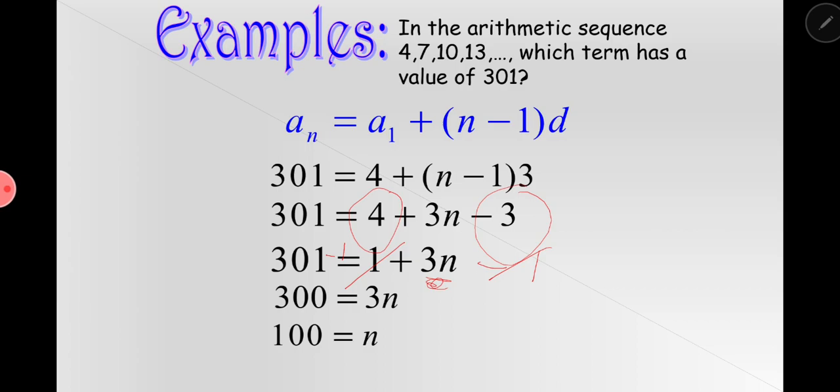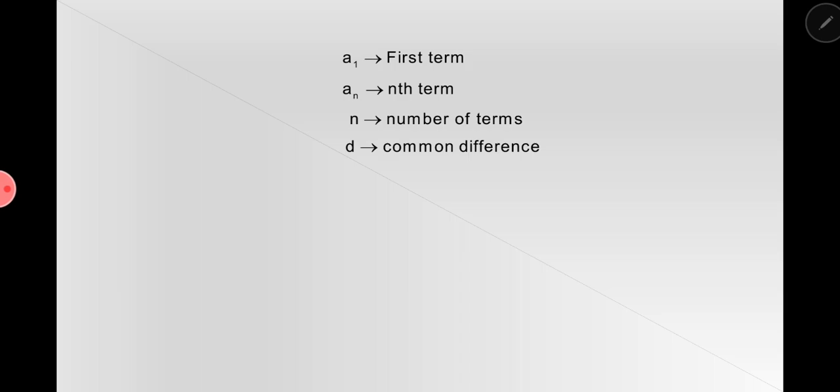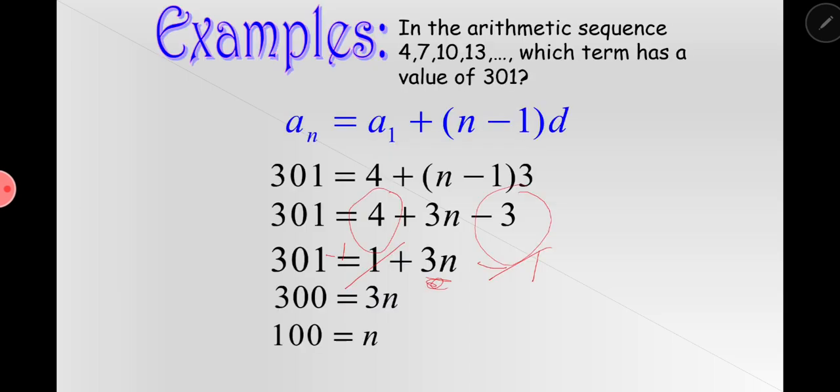So, the 301 is the 100 term. Intindihan? Okay. Bali, kung maglilista ka ng 4, 7, 13, ang dami-dami mo pang nalista bago ka matapos at makuha mo na si 301 ay pang 100 term.